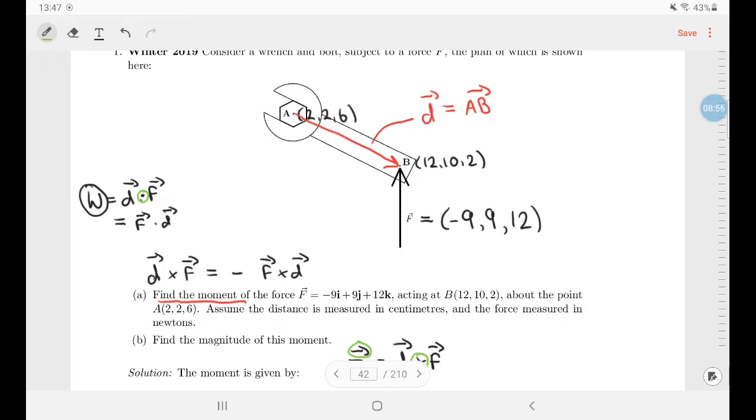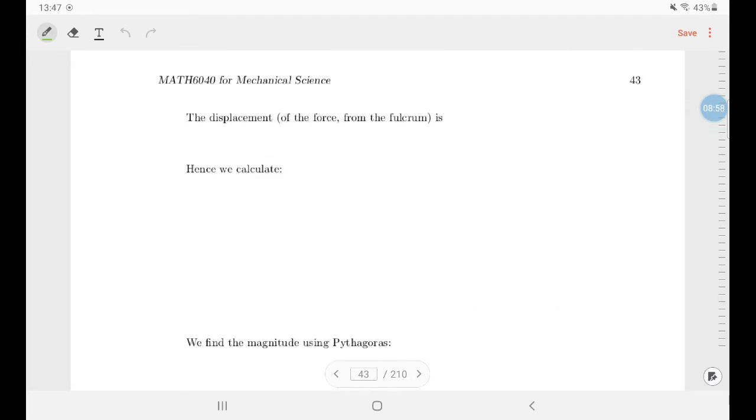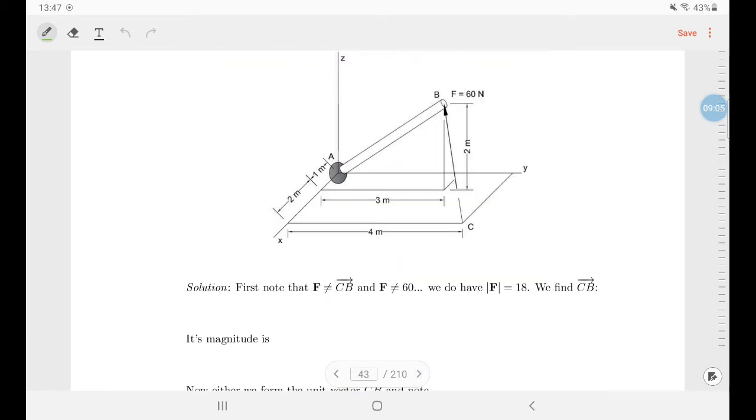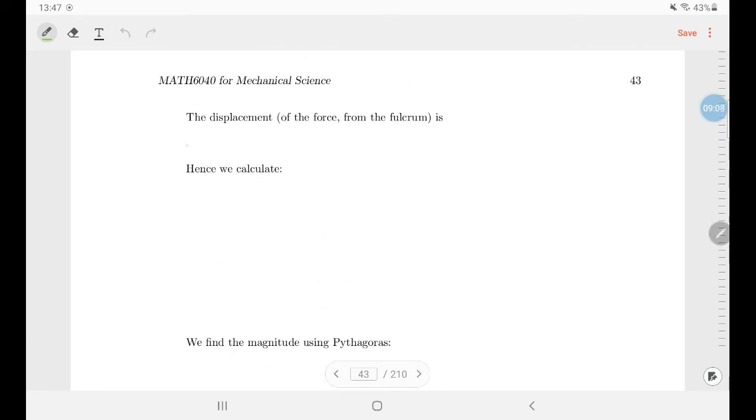Okay, so let's see what the next page has in store for us. The displacement of the force from the fulcrum. So that's going from A to B. The displacement of the position of the force, relative to the fulcrum, is the vector from A to B, which is the coordinates of point B minus the coordinates of point A. The coordinates of point B are 12, 10, 2.